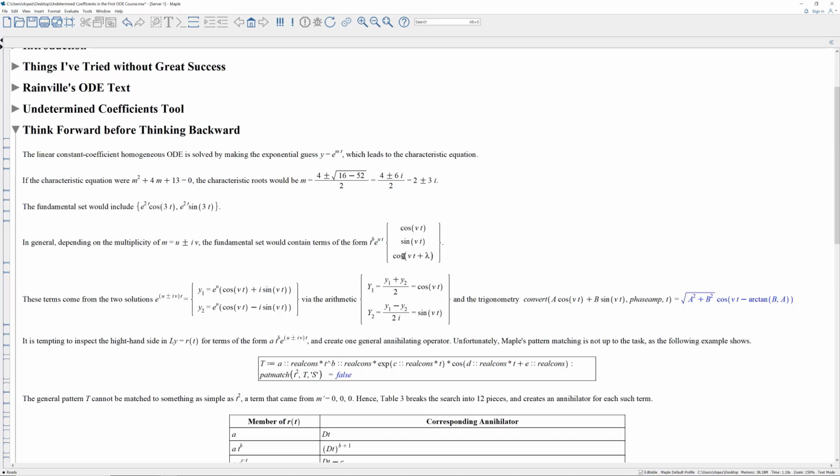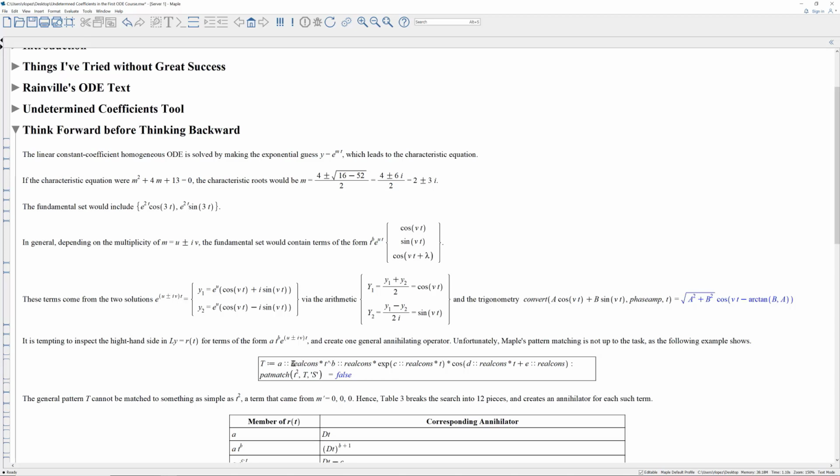So you could have this, and it would have a single coefficient. So you look at that and you say, well, everything is coming from e to the lambda t. Would it be possible to search for this form on the right-hand side and have one general annihilating operator that corresponds? So you try that.